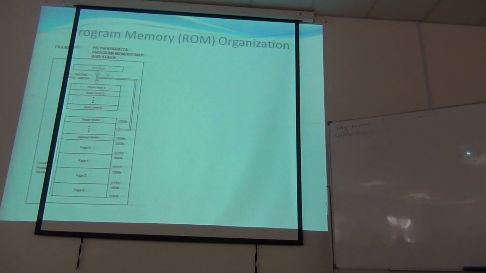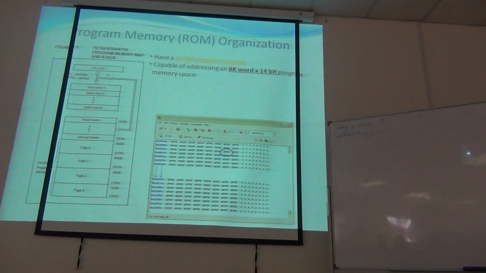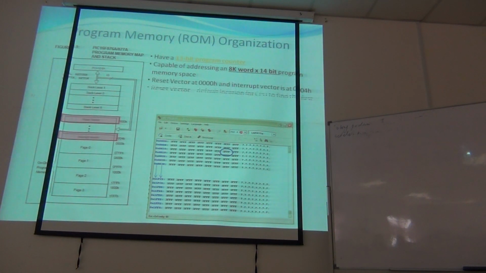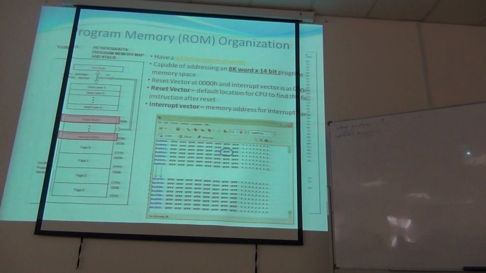Before looking at the RAM, the ROM is for your file to be burned. When you burn your program, your hex file will be placed in the ROM. Then you will have the RAM.